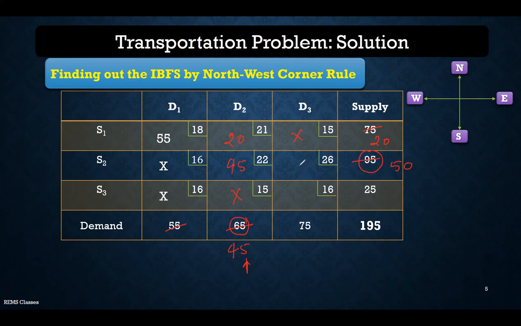In this cell, there is a demand of 75 units, but the maximum we can supply is 50. So we can allocate 50 to this cell, and the remaining 25 we can get from this supply. Like this, we can fulfill the supply and demand, starting with the northwest corner. That's why this technique is called the northwest corner rule.